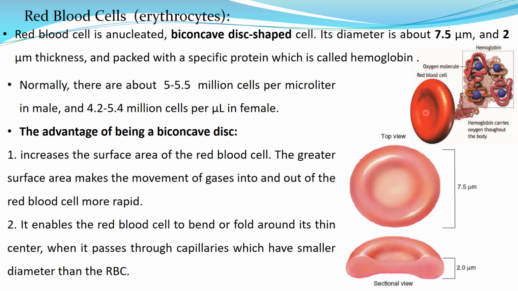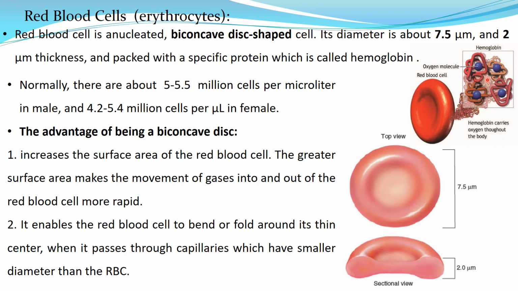The diameter of the red blood cells is about 7.5 micrometers, with a thickness of 2 micrometers. And the red blood cells are packed with what? With a specific type of protein called hemoglobin. We will explain this later.